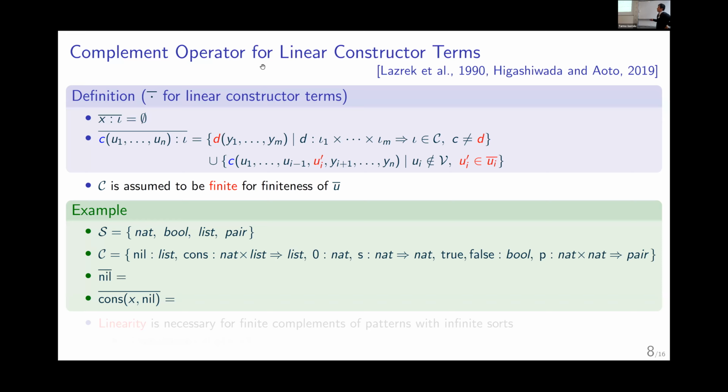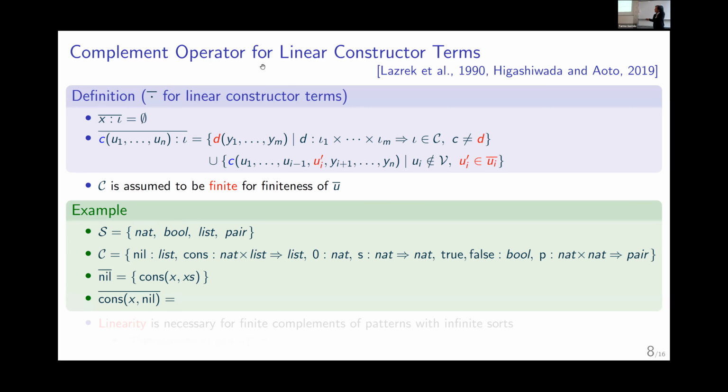I will explain using this example. This is an example with natural numbers represented by 0 and s, and then lists. Let's compute the complement of nil. In this case, we replace nil by cons, and there is no other symbol, and we put fresh variables. This is the complement of nil.